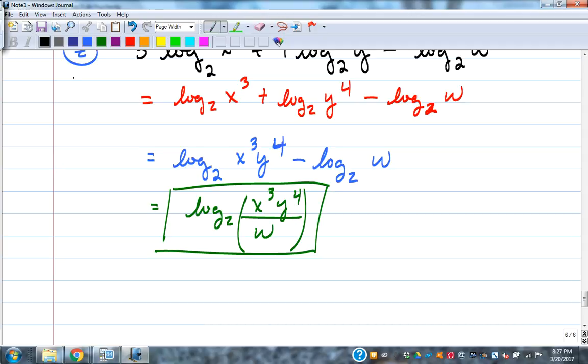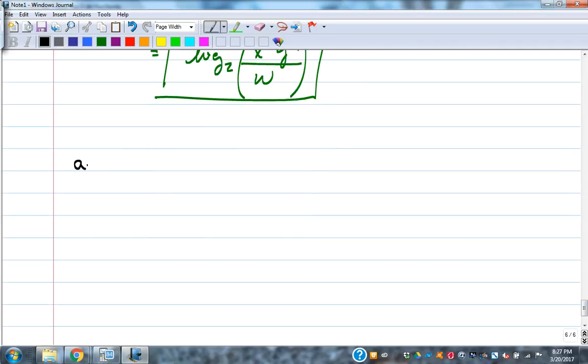I tend to get a little impatient and try to do more than one step at once. All right. Example AA: 4 log base 7 of r minus 5 log base 7 of x.